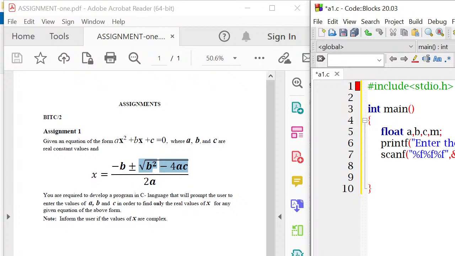Then the first thing we do is we calculate m. Say m is equal to what's inside the square root: b times b minus 4 times a times c.